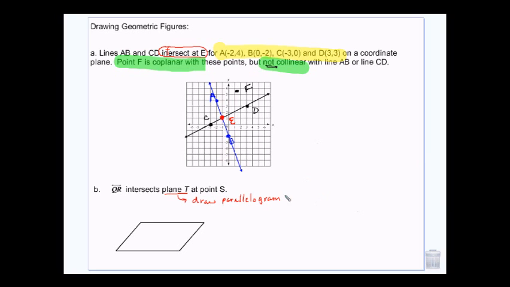Okay, plane T. So we need to name this parallelogram T. So we stick a T in the corner with no dot. Okay, so that's plane T. Now, we need a line QR to intersect plane T at point S. So if it's intersecting at a point, that line needs to punch through the plane, right?